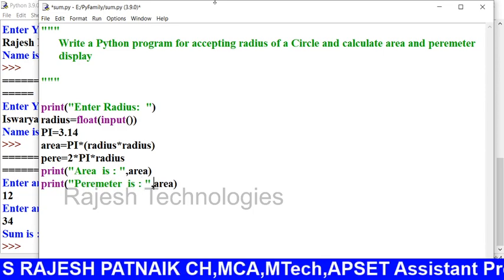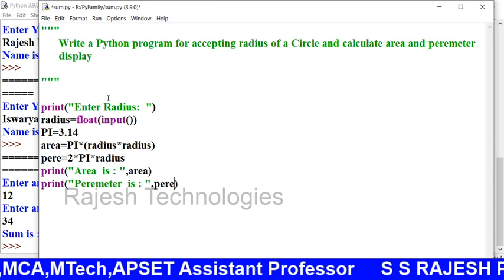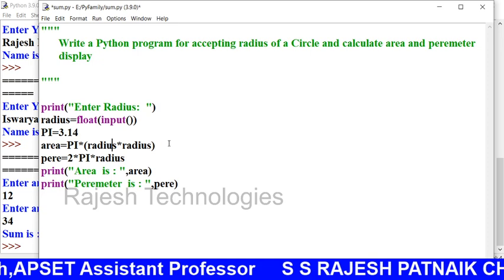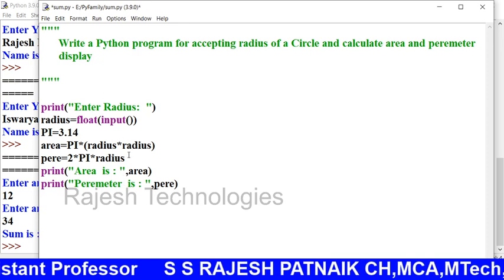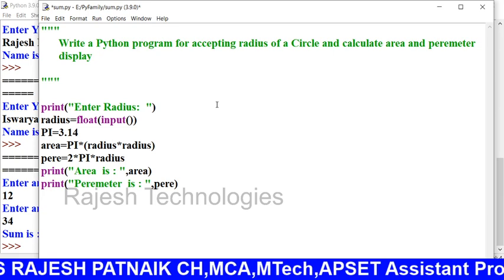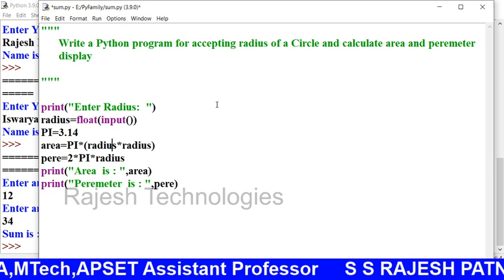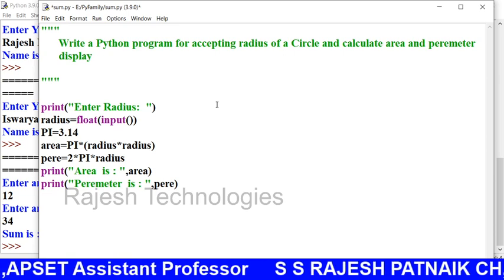Peri is my variable. So this is the program for accepting the radius of a circle and calculating the area and perimeter and display.